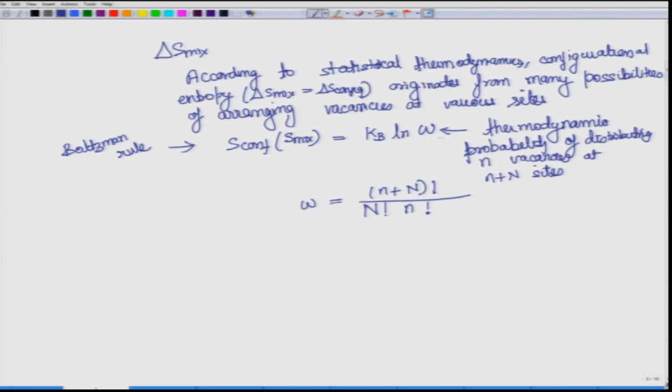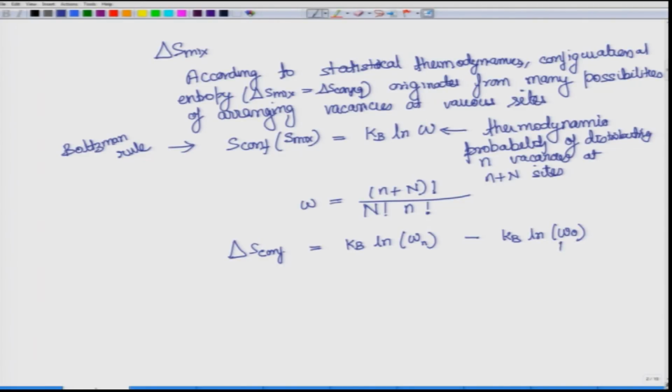So, if we find value for it, we already know Boltzmann constant, so we will be able to find entropy. So, the change in entropy, which is from the state where there is no vacancy to the state where there is a vacancy, will be given like this: KB ln W n minus KB ln W 0. What is this W 0?